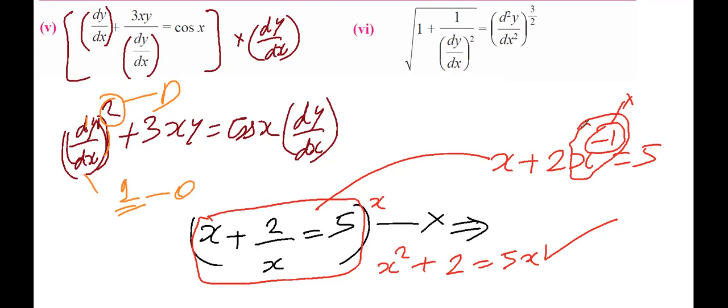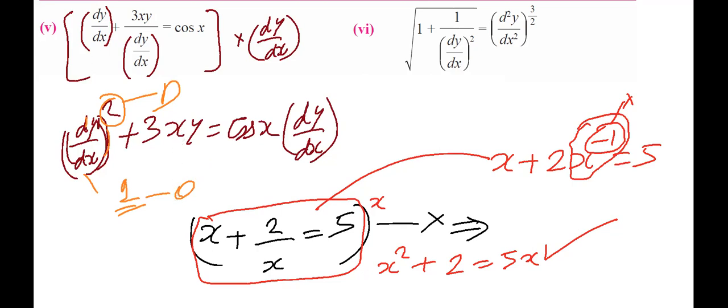If -1 is coming, I will not call this a polynomial. So to make this a polynomial, I multiply by x on both sides. Same thing I did here: dy by dx should never come in the denominator, so I multiply by dy by dx. Then you need to find the degree and the order.